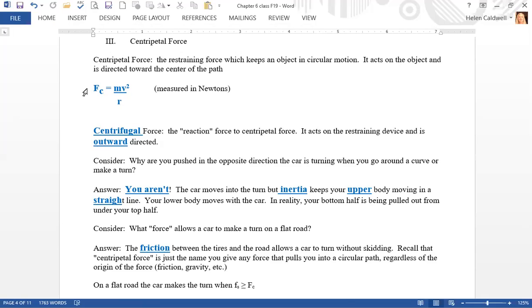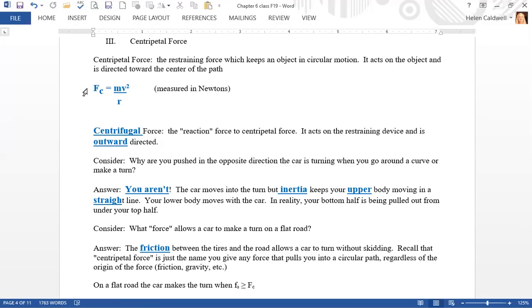R goes from 1 to 2 to 3. And if your velocity is 100 meters per second on the first one, and you keep it 100 meters per second on the second and the third, as your track gets larger and larger, to maintain that same velocity it takes less and less force.